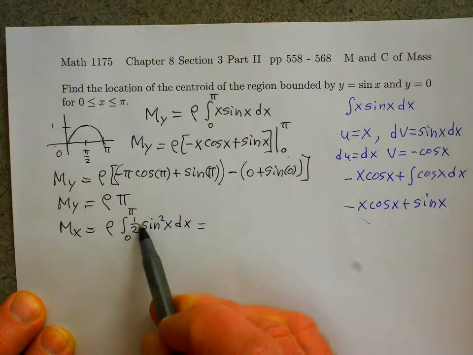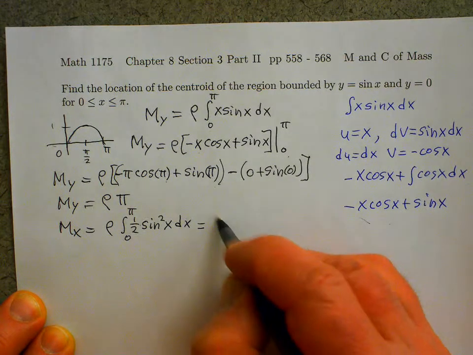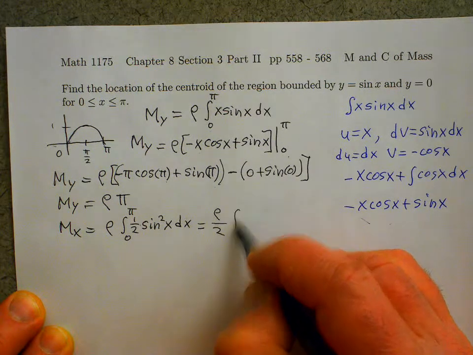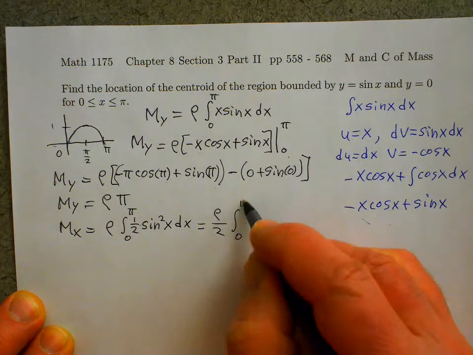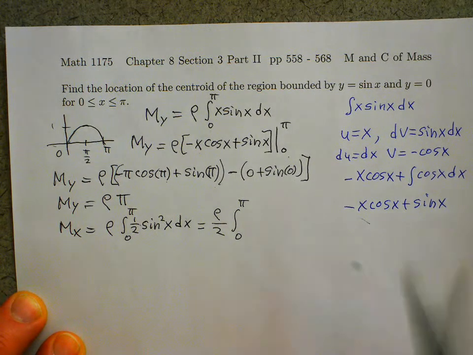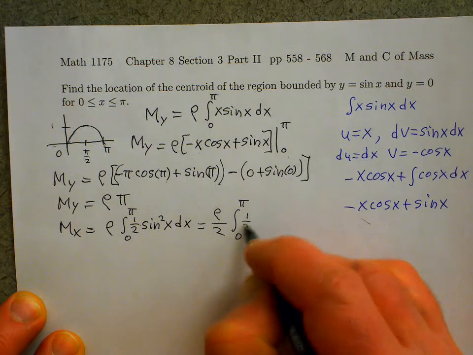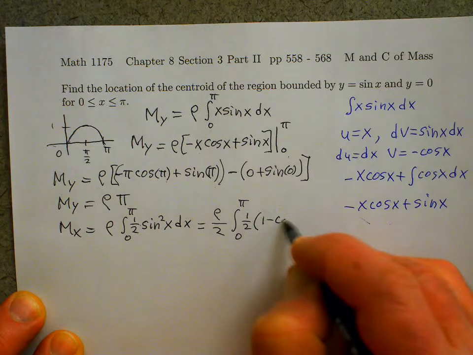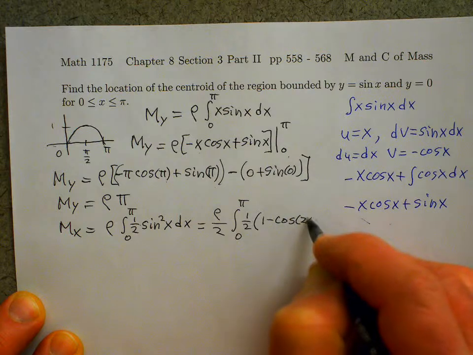I'm going to bring this factor 1/2 out front and write it as rho over 2. And then sine of x squared is 1/2 times the quantity 1 minus cosine of 2x.